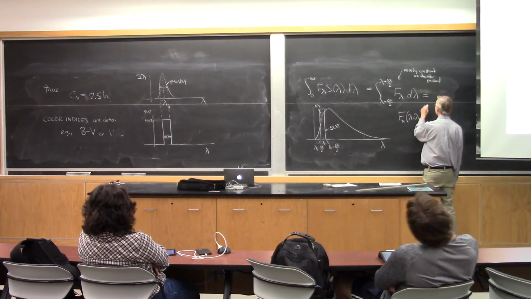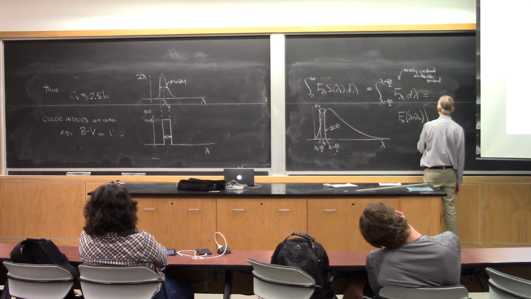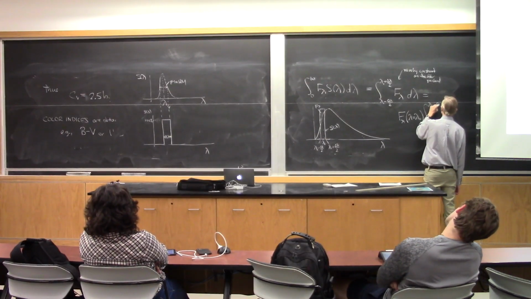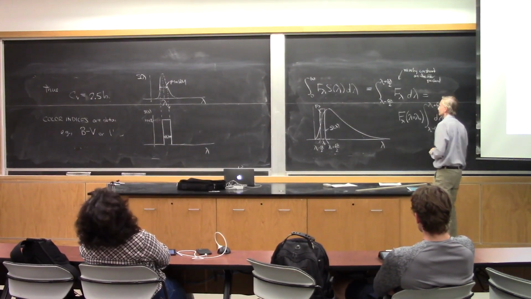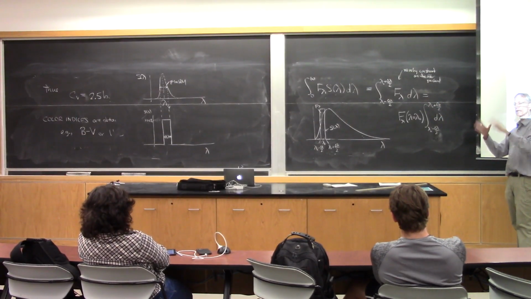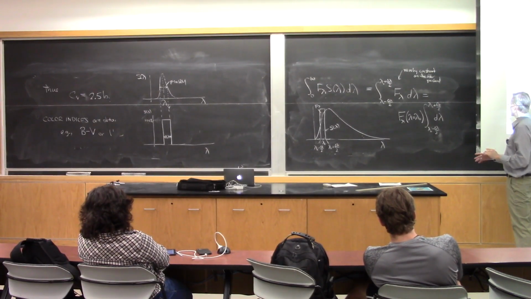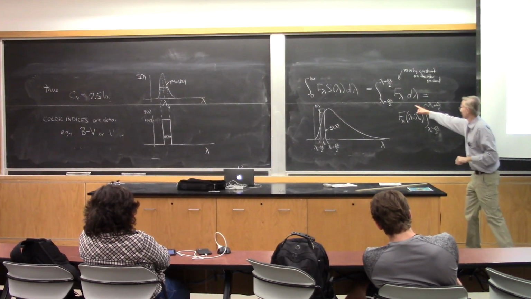And now, times the integral from lambda naught minus delta lambda over 2 to lambda naught plus delta lambda over 2 of d lambda. So f evaluated at the central wavelength of the filter's passband times the integral of d lambda, because I pulled that out.